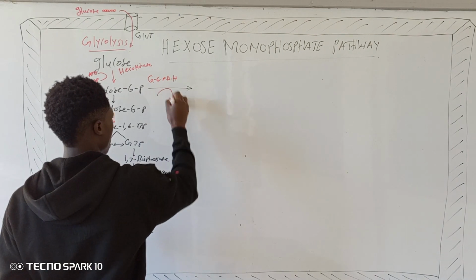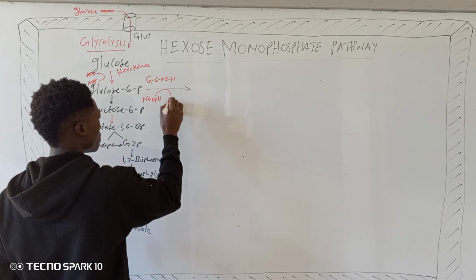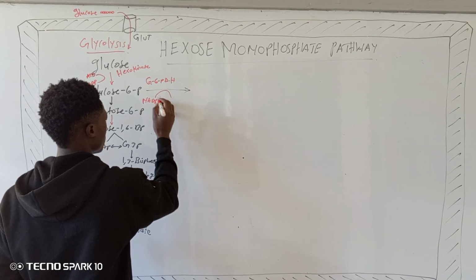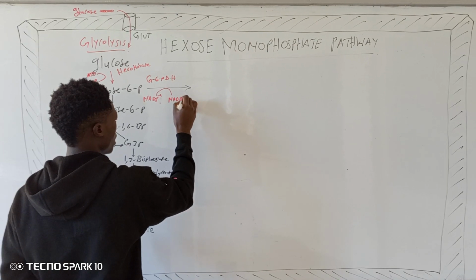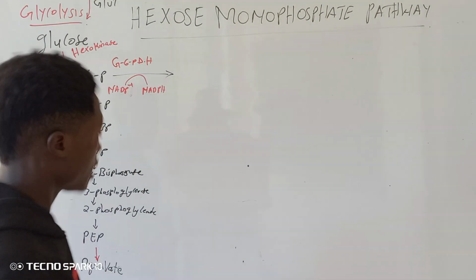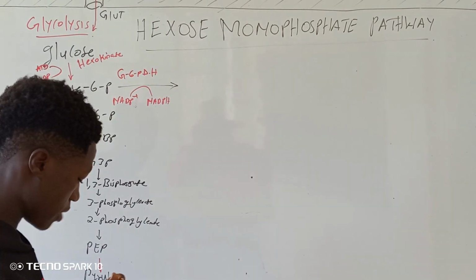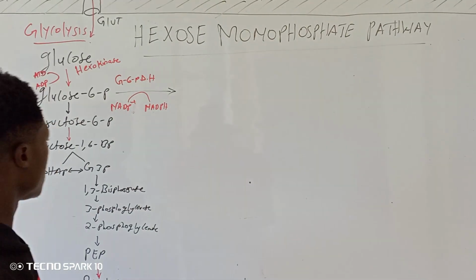See this one. We're going to convert NADP plus to NADPH. And actually, this is one of the reasons, actually the main reason why we undertake hexose monophosphate pathway. It's just to generate NADPH, which will be taken into other pathways inside the cell.